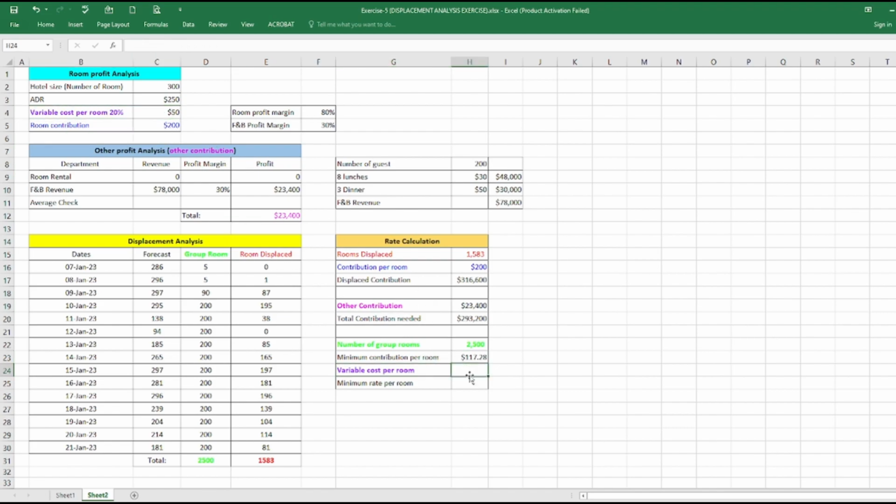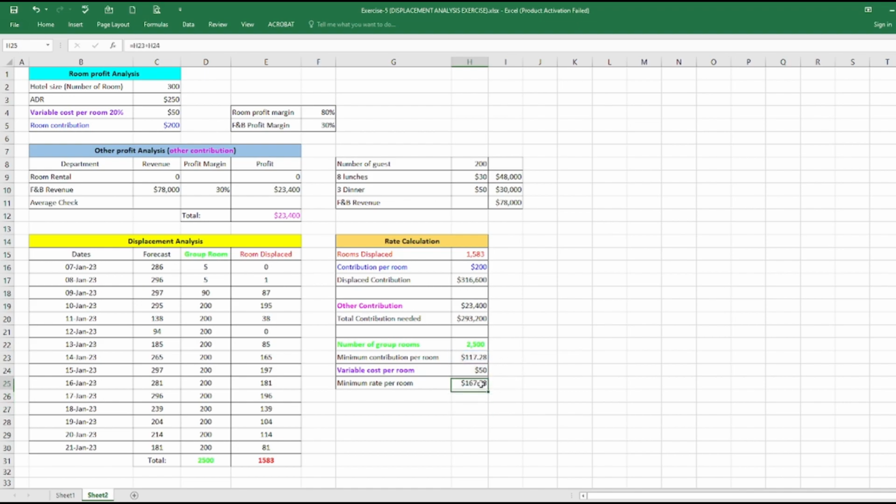Variable cost is 50 US dollars. So the minimum rate per room equals 117.28 plus 50.